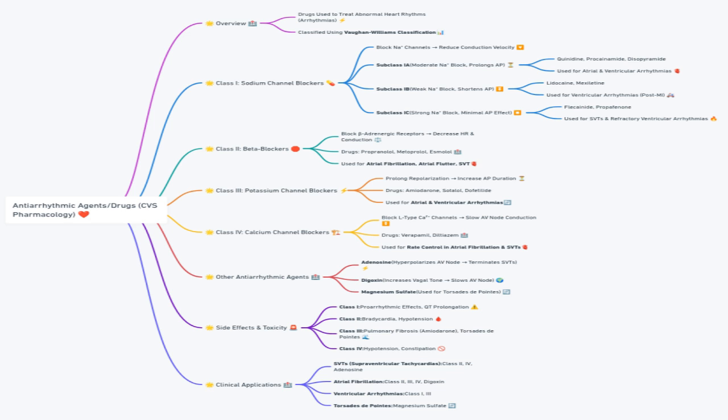Sotalol is well absorbed orally with bioavailability of approximately 100%, is not metabolized in the liver, and is not bound to plasma proteins. Excretion is predominantly by the kidneys in the unchanged form with a half-life of approximately 12 hours.